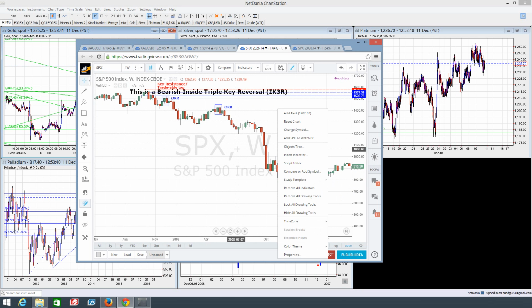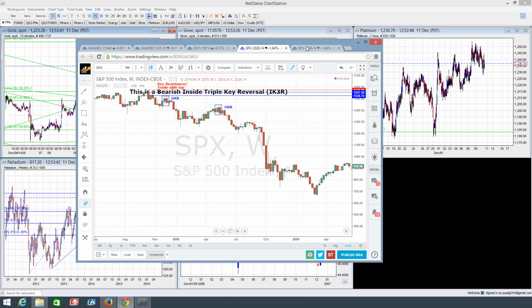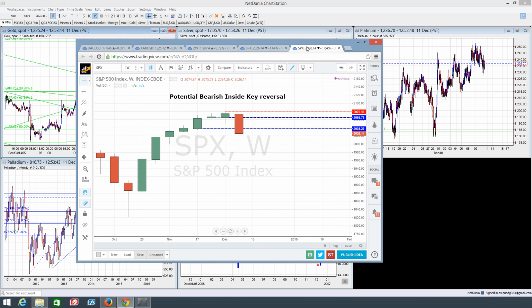So what's happening in the near future? Let's take a look at SPX right now. This is what's taking place right now in this week. I don't think it's been updated for this particular day. This is Thursday. But you can see if tomorrow, Friday, the week closes below, say, 2038, you're going to see a triple inside key reversal setting a significant top there at 2079.46.